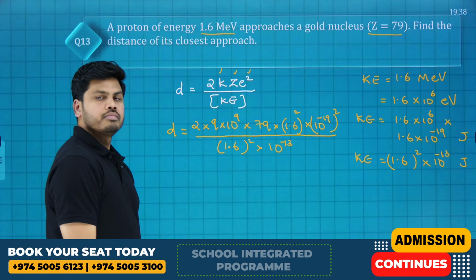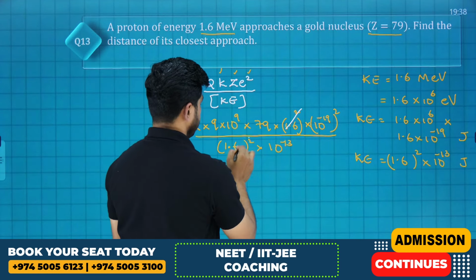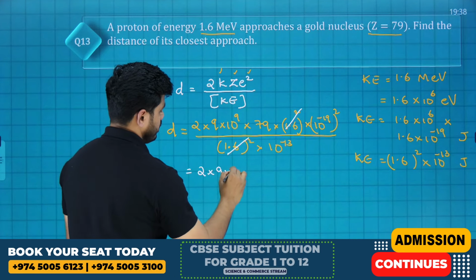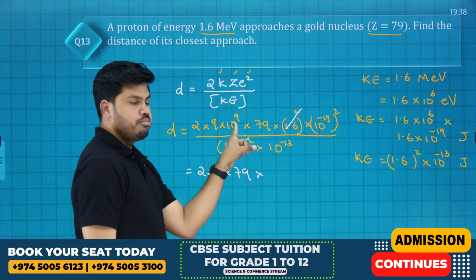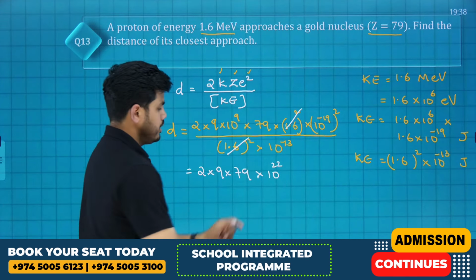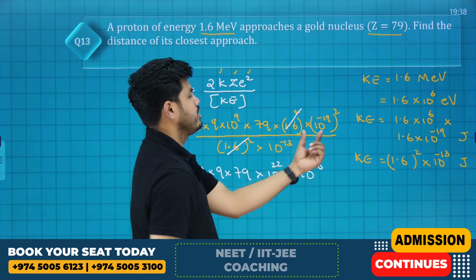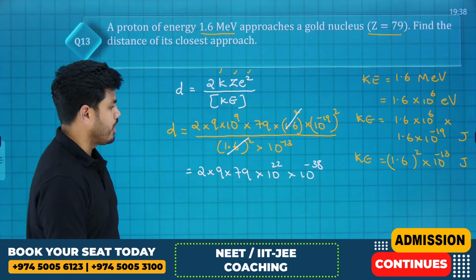Now 1.6 whole square gets cancelled. We have 2 into 9 into 79, and look at the powers: 13 plus 9 gives 10 raised to 22, into 10 raised to minus 38, because we squared 10 raised to minus 19.